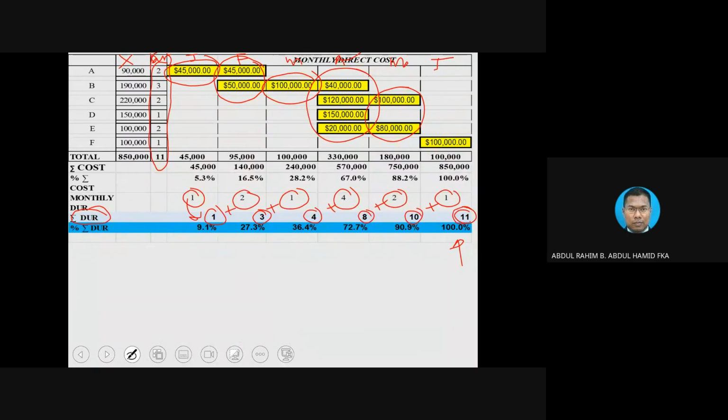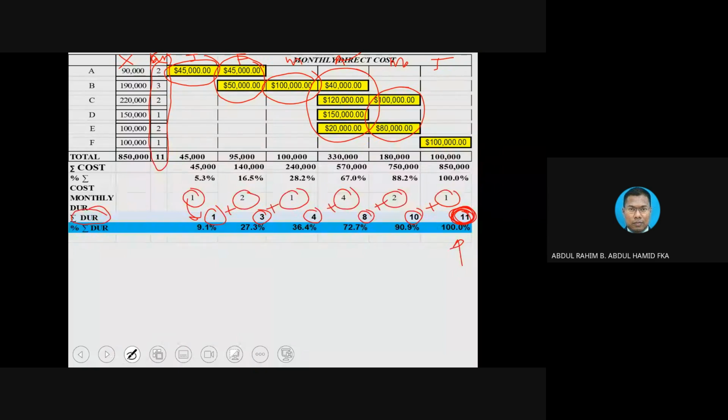What does this 11 mean? Remember, the project is running from January until June. June is only 6 months. 6 months is the duration of the project. But this amount reflects the work effort in terms of the duration needed.